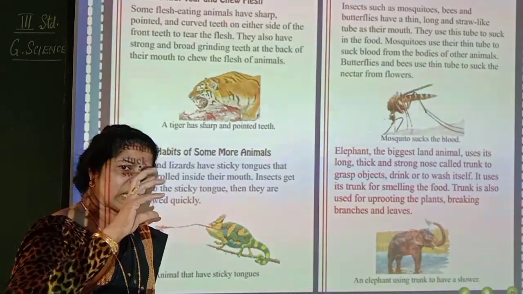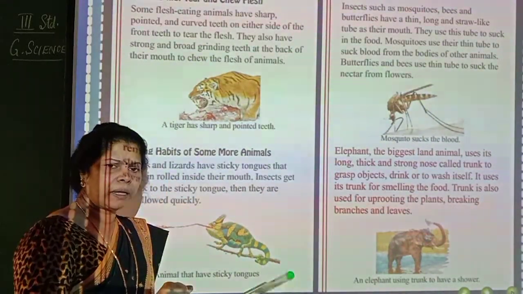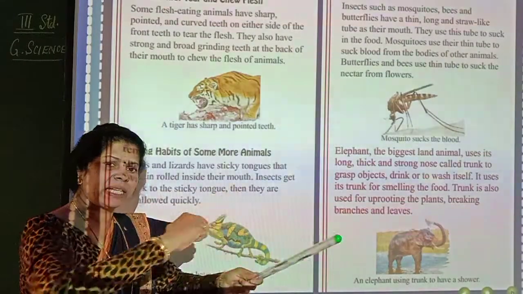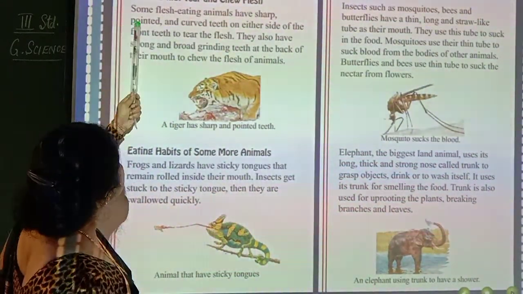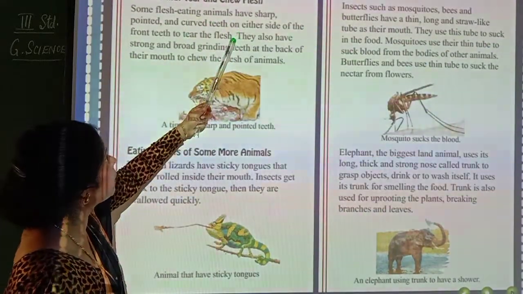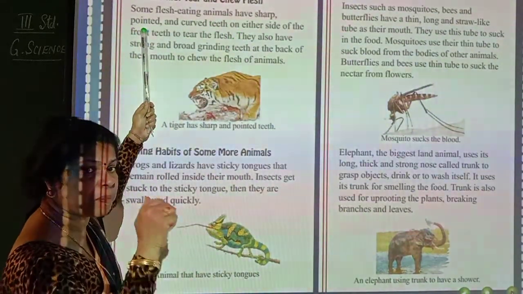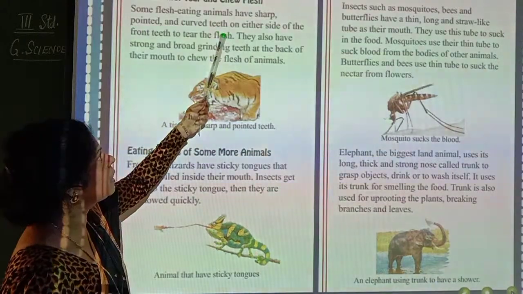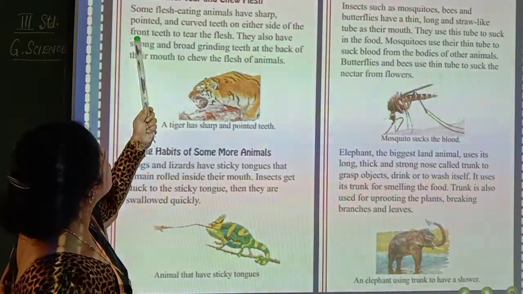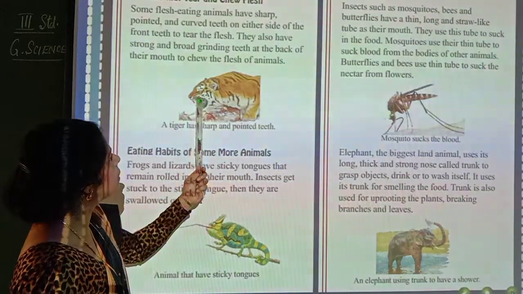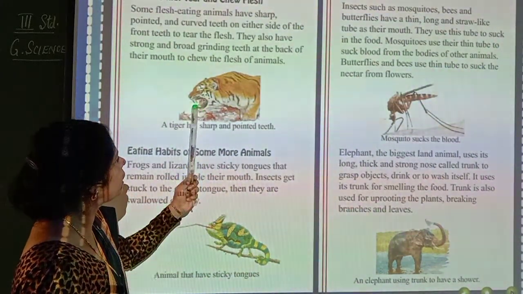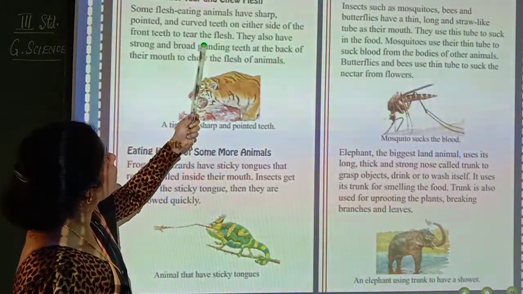So what happens is they can easily hold the animal's flesh and then tear it and eat. Understood? Can you see this? See, it is curved like a hook. Teeth to tear the flesh.